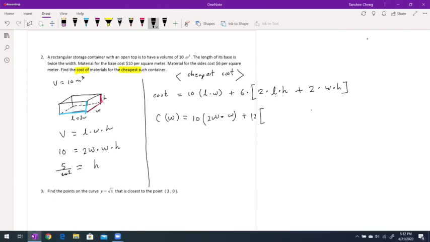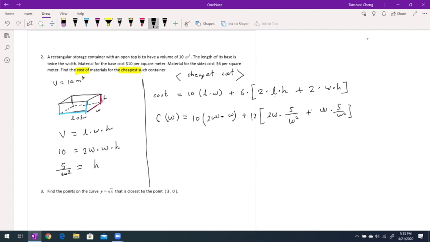The length is 2 times the width, and the height is 5 over the width squared, and then plus the width times 5 over the width squared. Now what we need to do is simplify this function, take derivatives, find the critical number, and justify that the critical number is either a maximum or minimum using the first derivative or second derivative test. If you want to use the second derivative test, you need to take second derivatives.